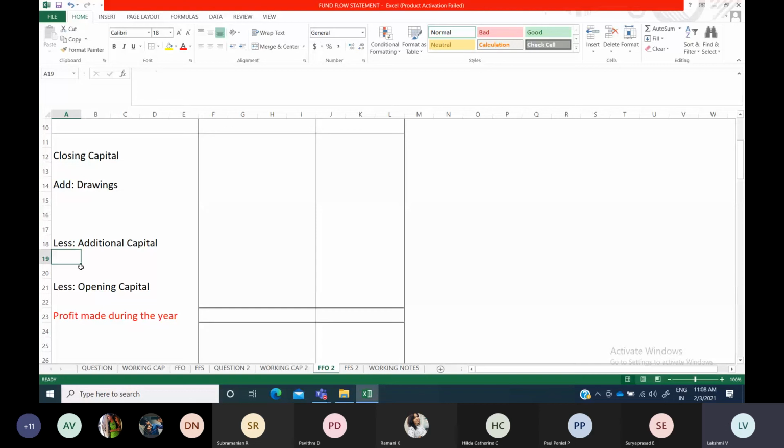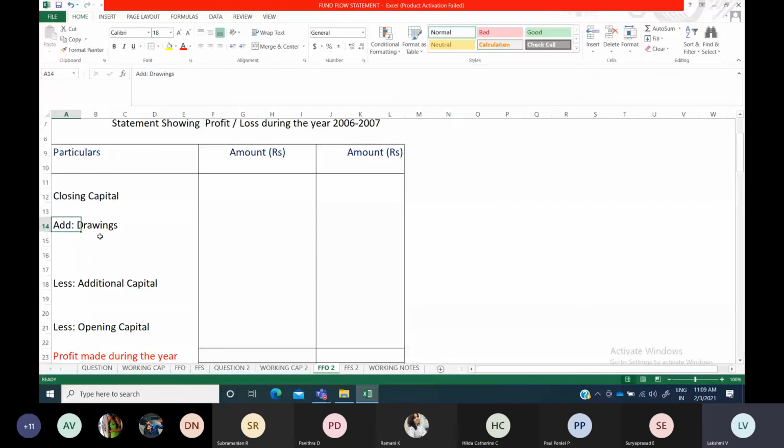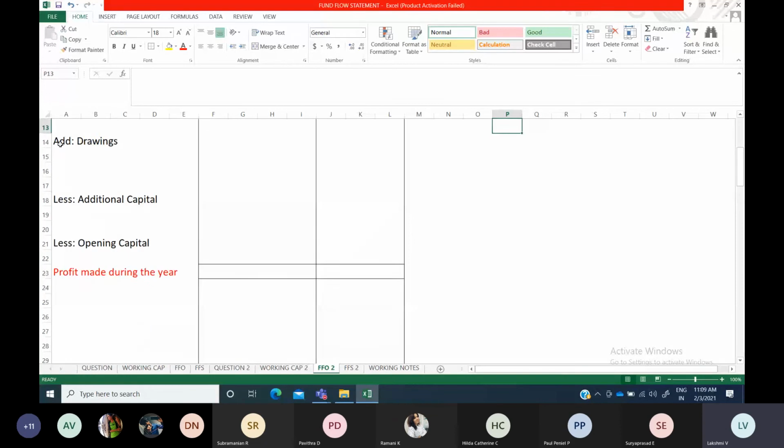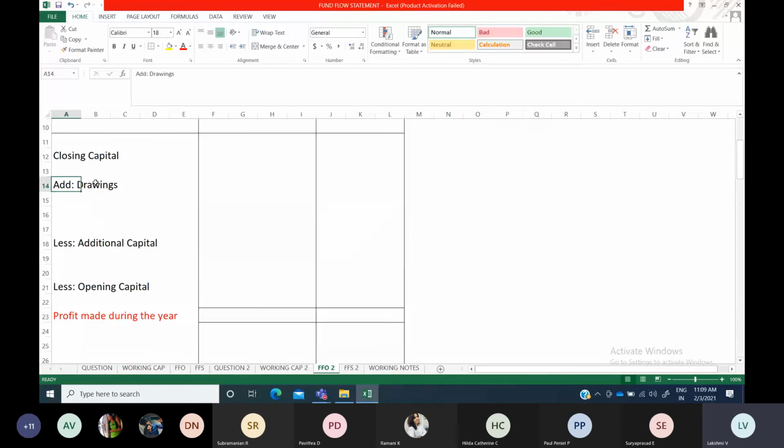If you subtract opening capital, you will get the profit or loss made during the year. How to remember this statement easily: only drawings is added here with closing capital. All other things you are going to subtract here.